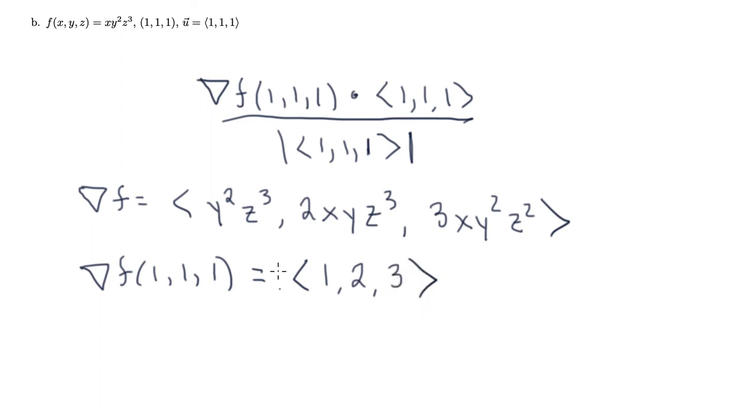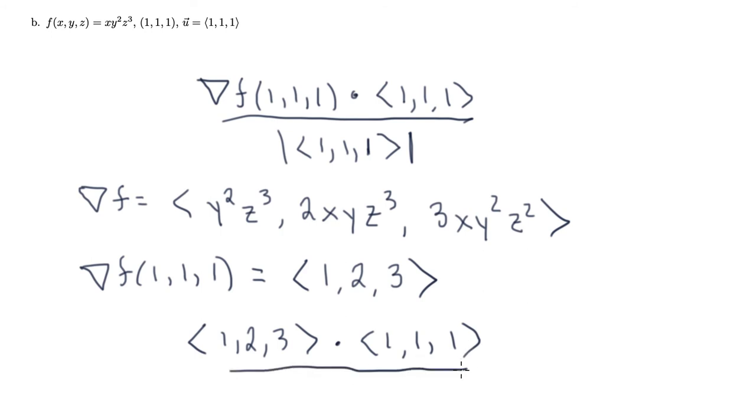Perfect. Okay, so now let's go in and actually fill in what this vector is. So it's (1, 2, 3) dot (1, 1, 1) divided by the length of this vector, which is the square root of 1 squared plus 1 squared plus 1 squared.